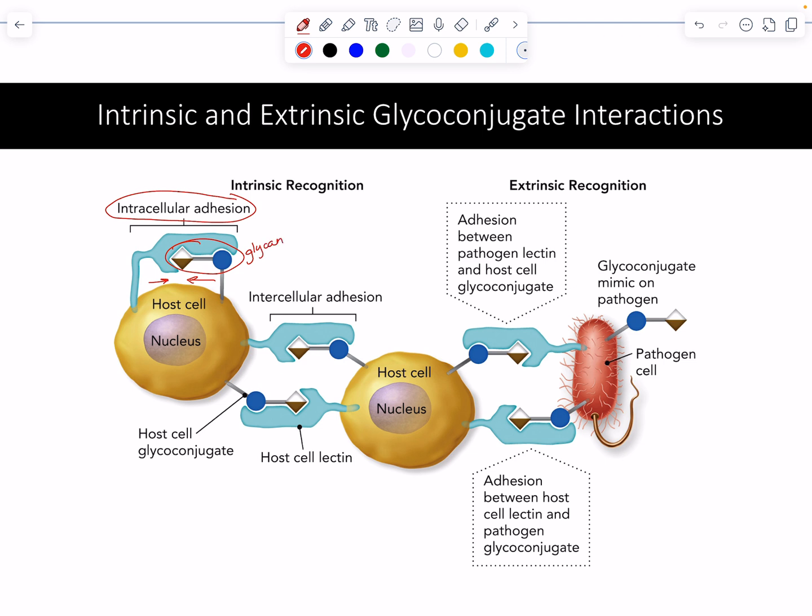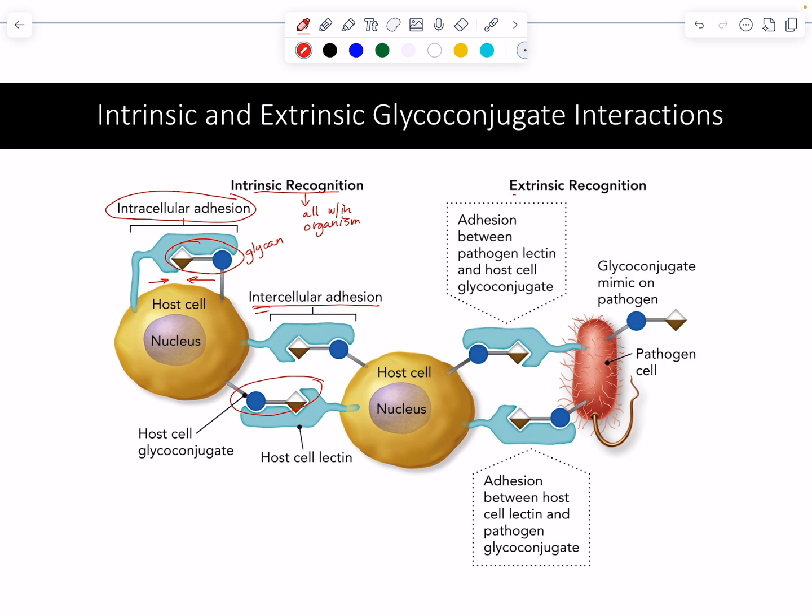Or it's going to help cells stick together, so that would be intercellular, and it uses the same thing, a glycoconjugate as the recognition element. All of this recognition is within the organism.